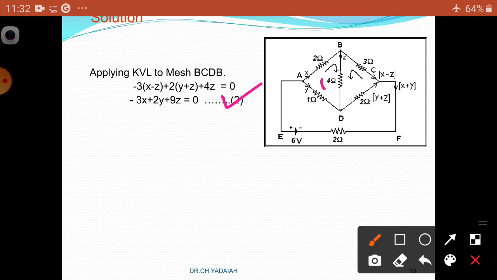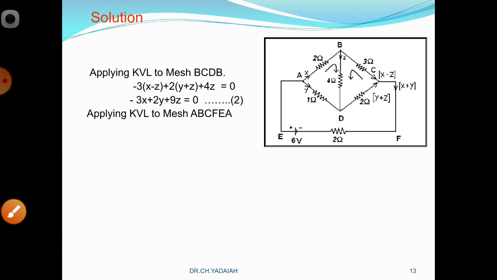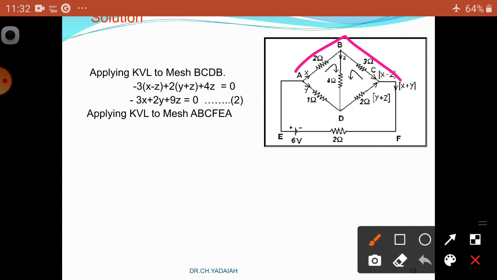Now we have taken this loop, and you take another loop, similar to the previous one. Now apply A, B, C, F. You can take here A, B, this one, this one, this one, this one. Okay, so what is the equation? Same as the previous cases.